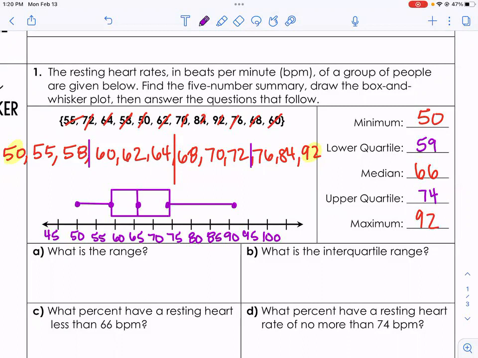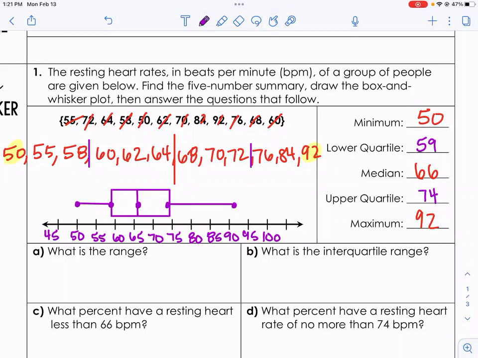How many numbers are between 50 and 59? A lot. There's 3, right? What about between 59 and 66? What do you say? It is splitting it into quarters.